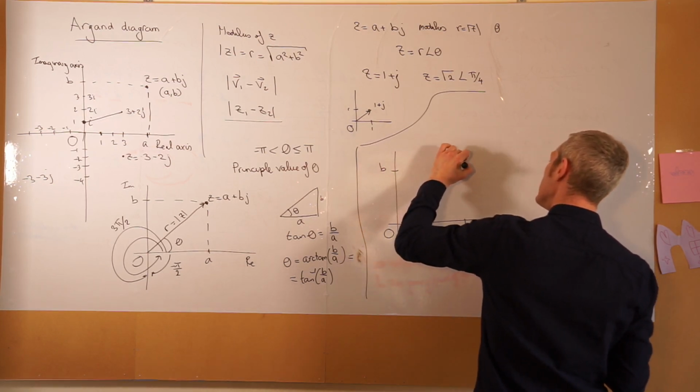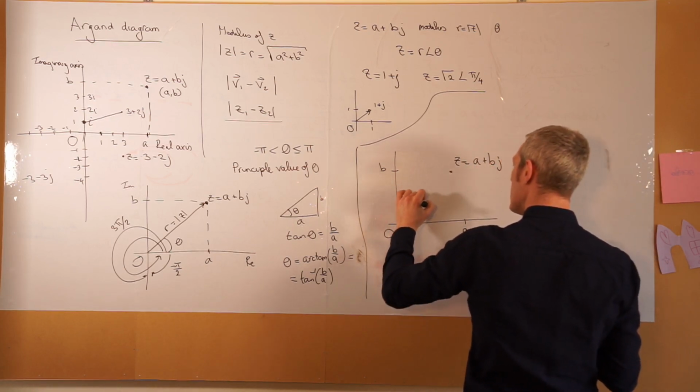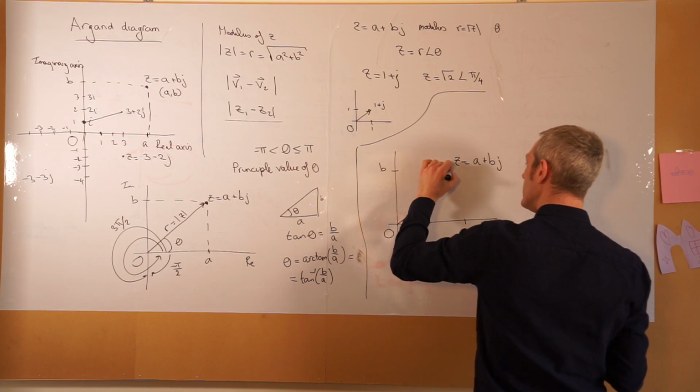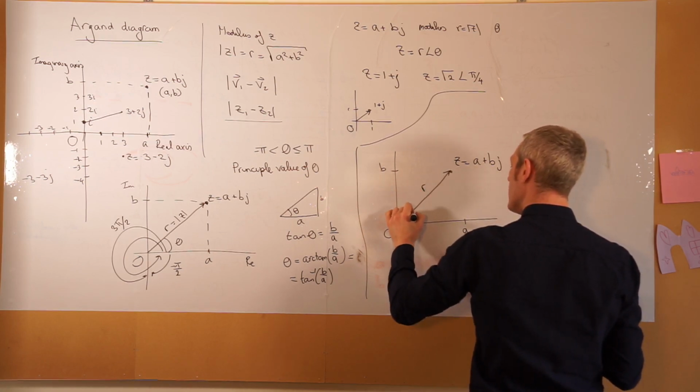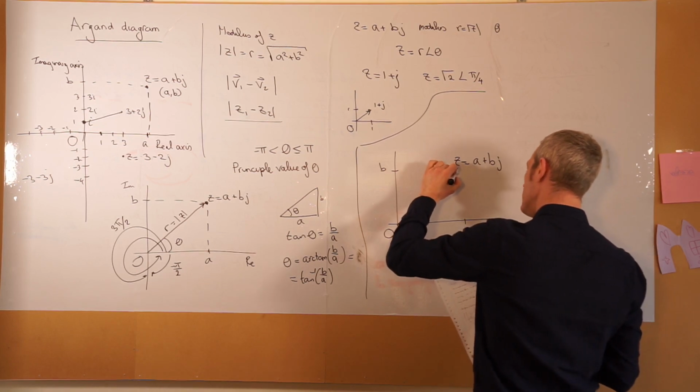So we have z is a plus b times j, and we have a modulus r and an angle theta.